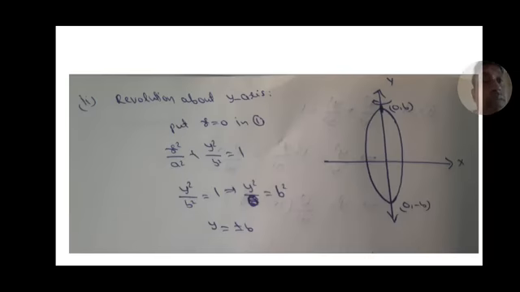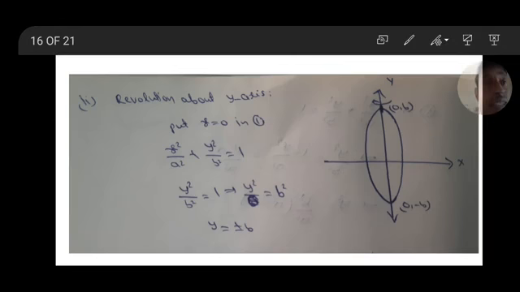Next, revolution about y-axis. Same ellipse is revolving about y-axis. Revolving about y-axis. This diagram is wrong. Same ellipse. Okay.